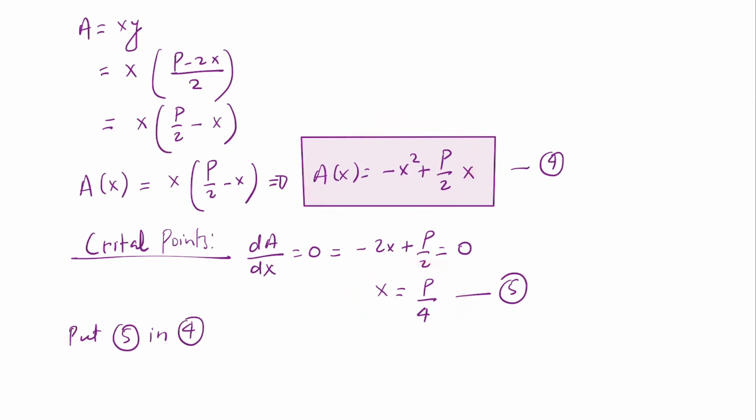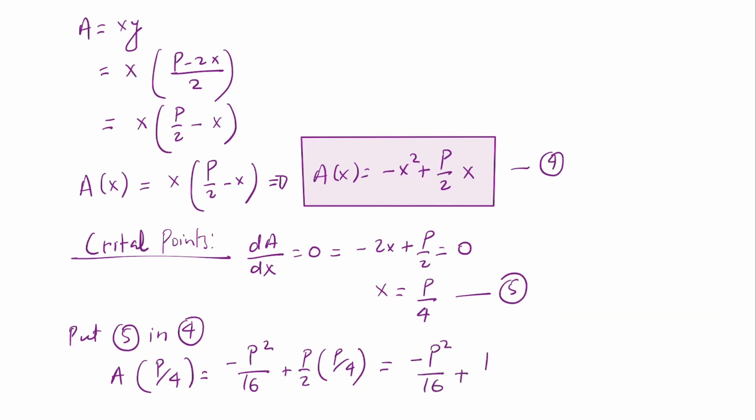So what happens is area at p over 4 can be written as negative p squared over 16 plus p over 2 times p over 4, right? And this is going to be negative p squared over 16 plus p squared over 8, which equals negative p squared plus 2p squared over 16, which equals p squared over 16.